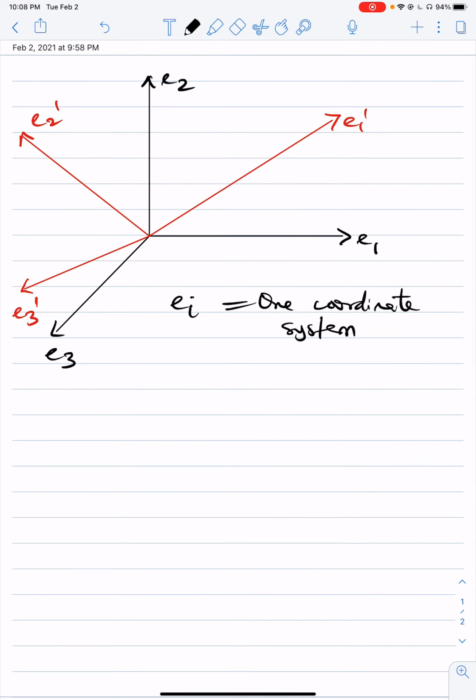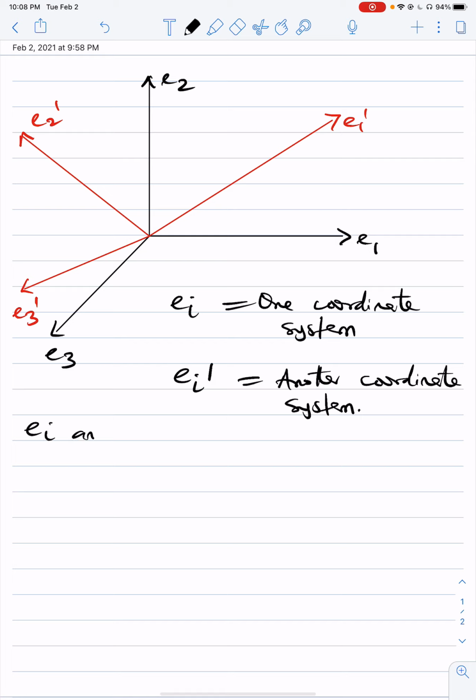If an object in that coordinate system is rotated, this becomes another coordinate system, right? It's being rotated, so it's very clear that E sub I and E sub I prime are different coordinate systems.